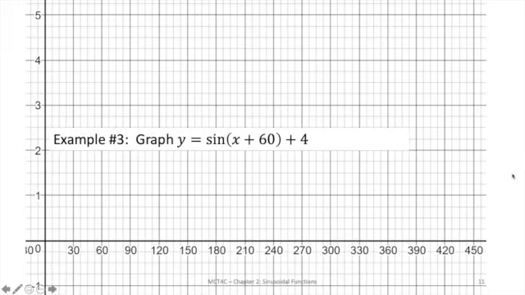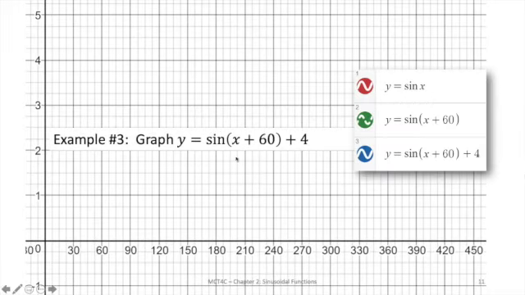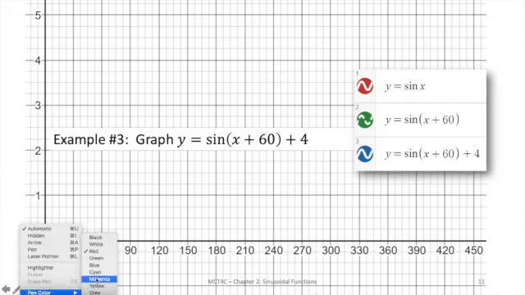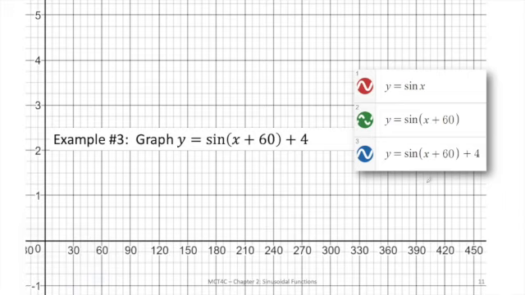Okay, so what we're going to do with our graph is we're going to move it to the left 60 degrees and up 4. So to move it to the left 60 degrees, we are going to subtract 60 from our x's and add 4 to our y's in our table of values. So let's do that. Let's keep it over here. Sorry, I'm going to write over numbers.